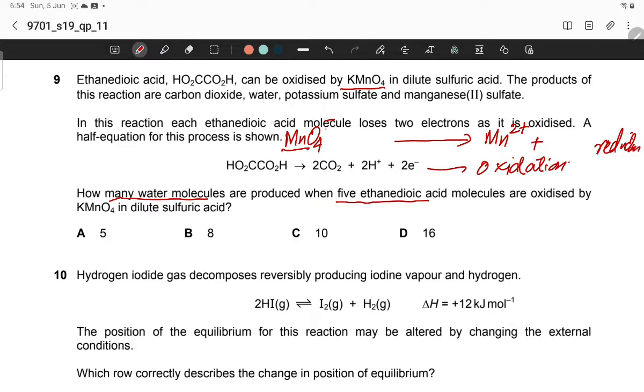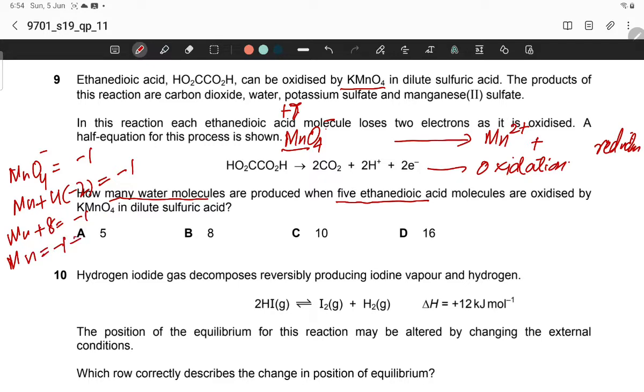In MnO4 minus, the oxidation state of Mn is plus 7, as we know how to solve the oxidation state. MnO4 minus is equal to minus 1, so Mn plus 4 times minus 2 is equal to minus 1, Mn minus 8 is equal to minus 1, and Mn is equal to minus 1 plus 8, which is plus 7.